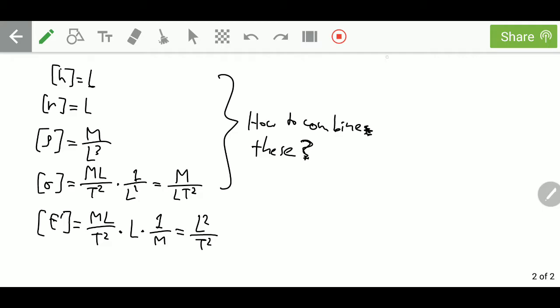Well, suppose that E prime is proportional to h to the power c1, r to the power c2, rho to the power c3, sigma to the power c4. Then we can match length coefficients.